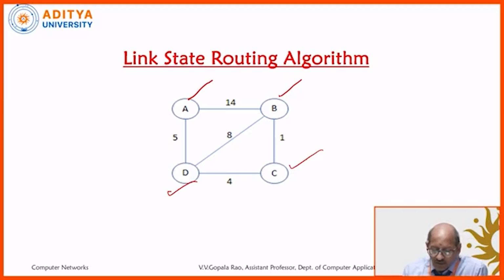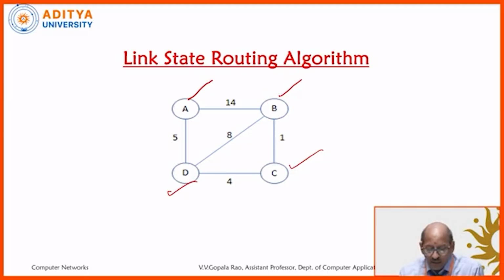From A to B there is an edge and the cost is 14, from B to C there is one more edge with a cost of 1, from C to D the cost is 4, and from D to A it is 5. Similarly, from B to D there is one more link, showing a cost of 8.